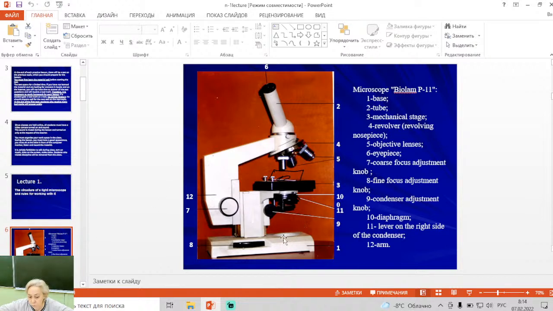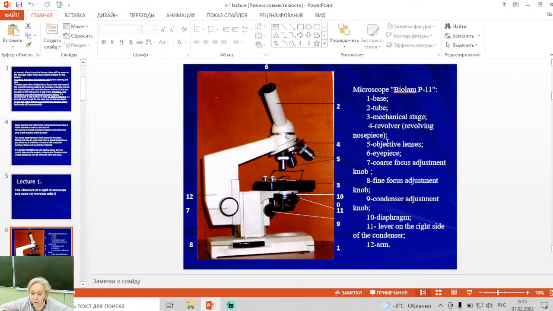On this picture you see a student microscope, Microscope Biolam P11. The microscope is an essential tool in modern biology. It allows us to view structural details of organs, tissues, and cells not visible to the naked eye.